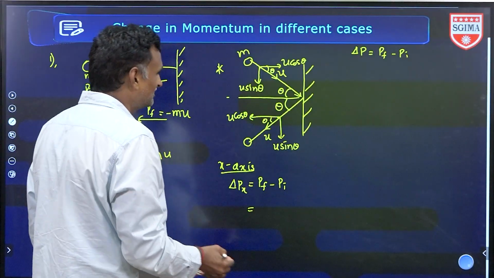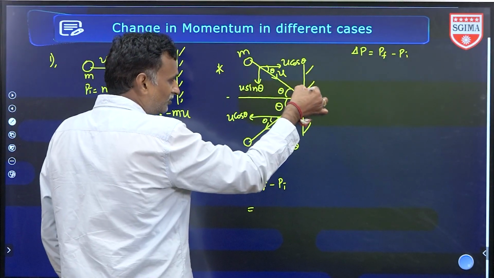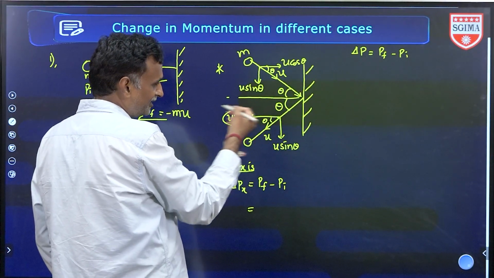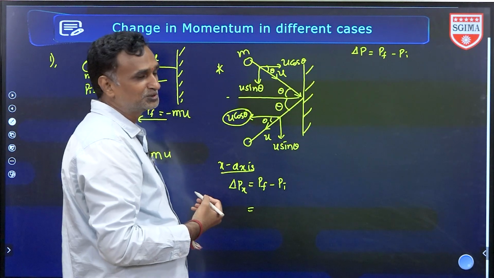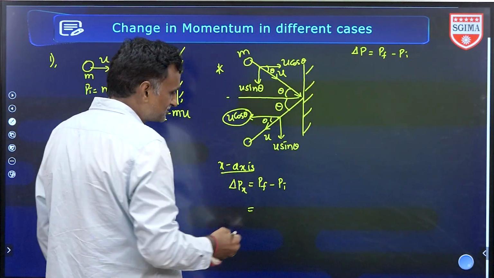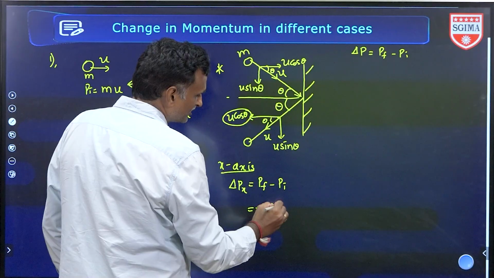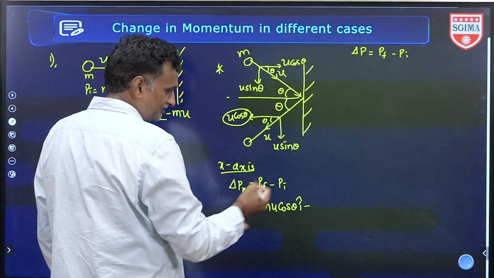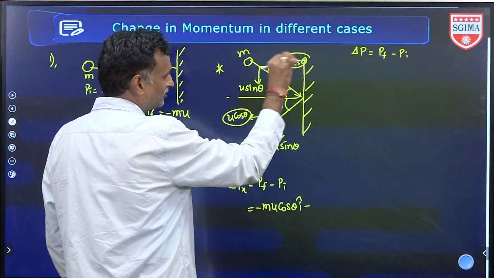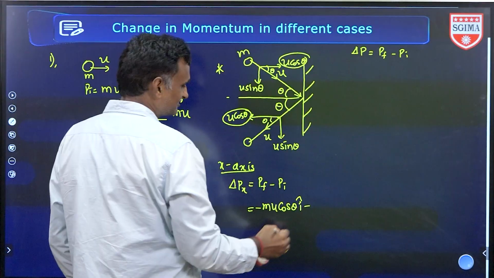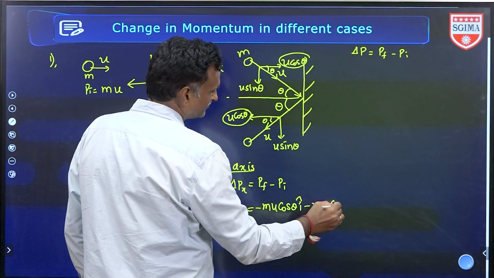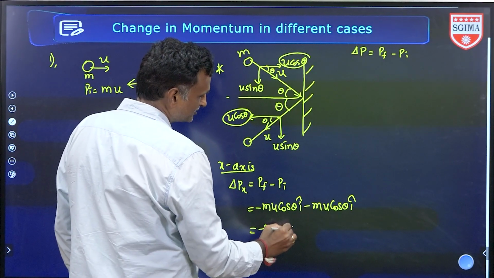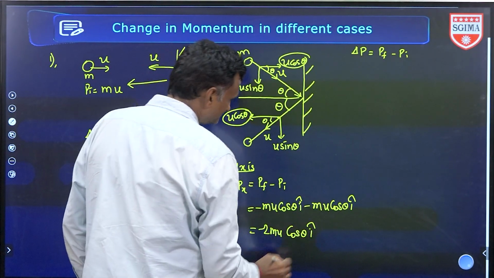Here you can see after rebounding it goes in this direction, so this is the negative x-axis, so we simply take minus: minus m u cos theta i cap, minus the initial one, which is along the right side, the positive x-axis, simply m u cos theta i cap. So finally you get minus 2 m u cos theta i cap.